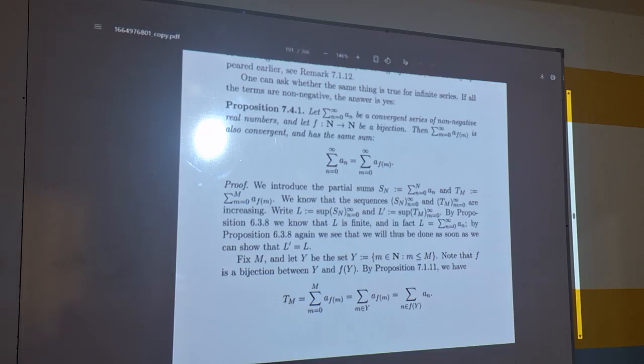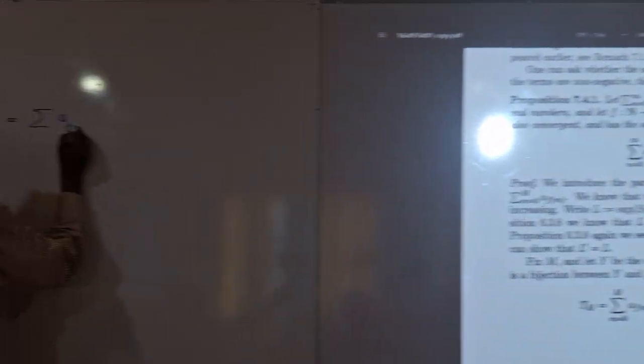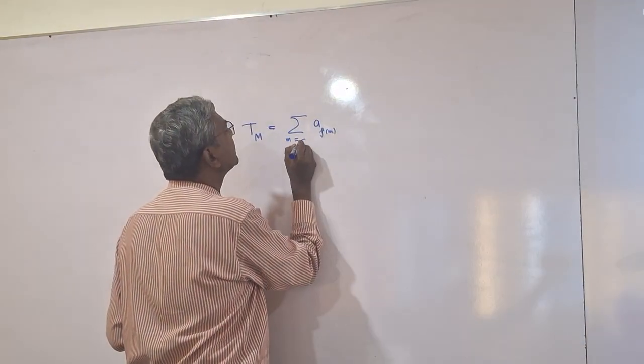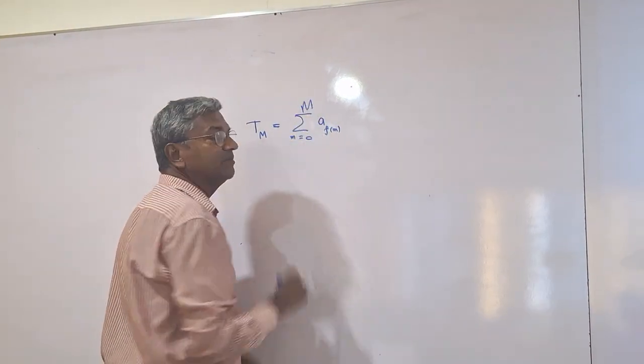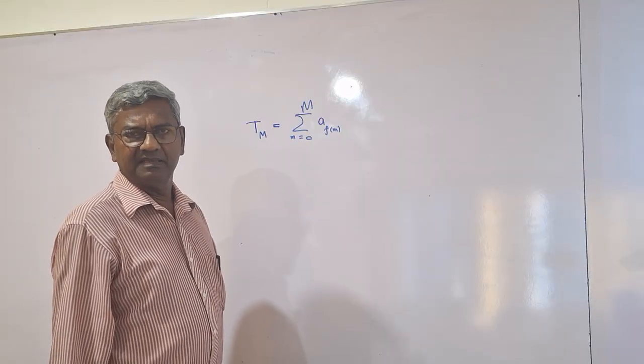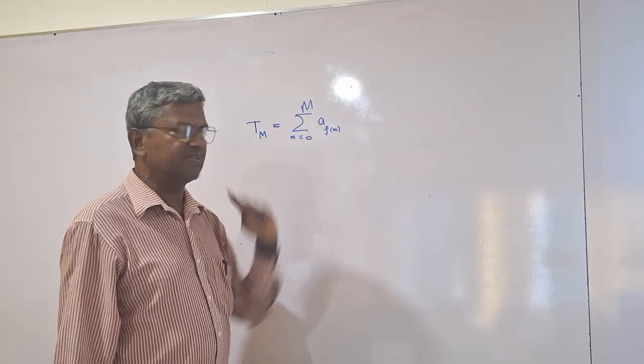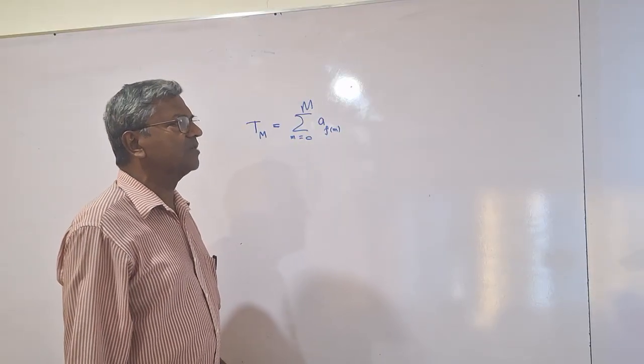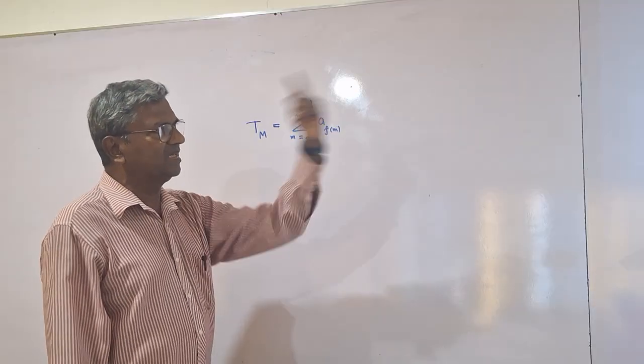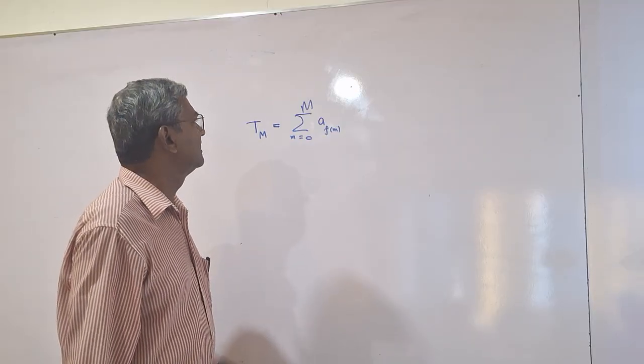What is this? Is Tm. T capital M is this, sum of AFM going from 0 to capital M, right? Sn is the sum of the first capital N plus 1 terms of the series sigma An.